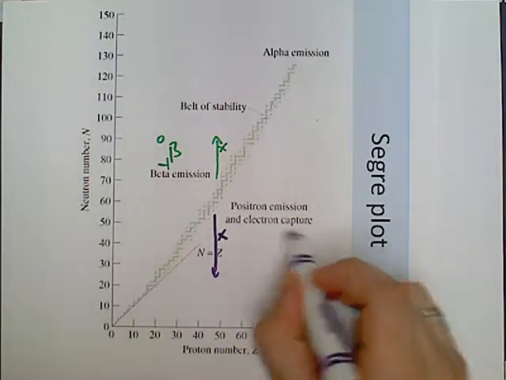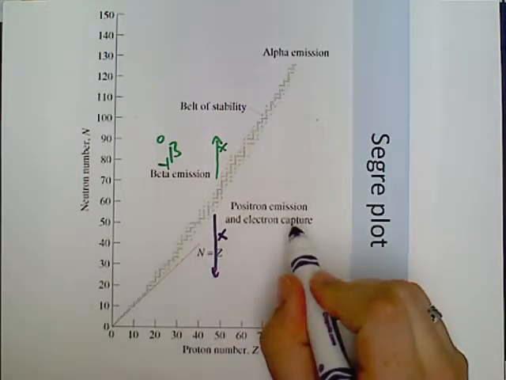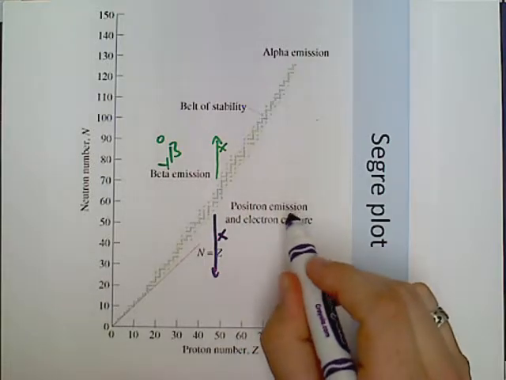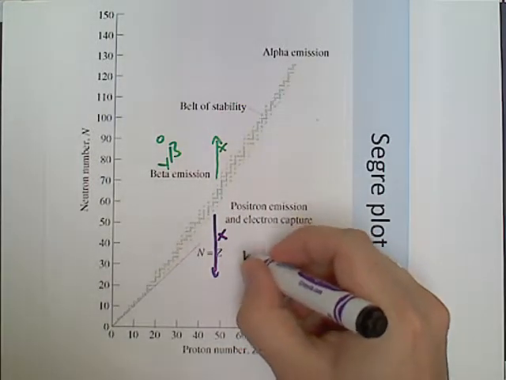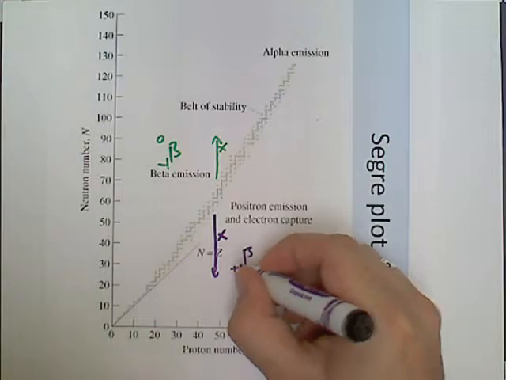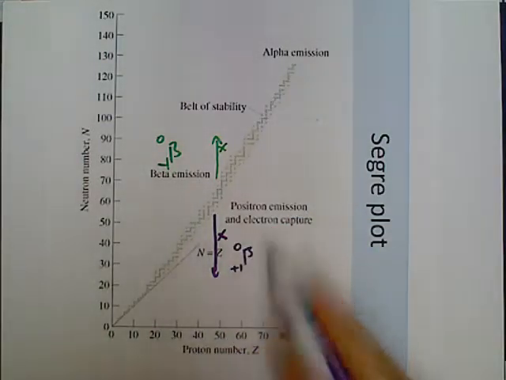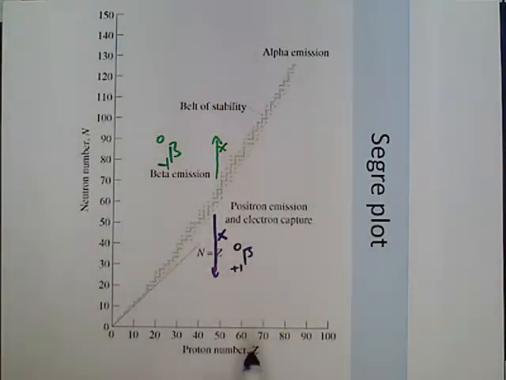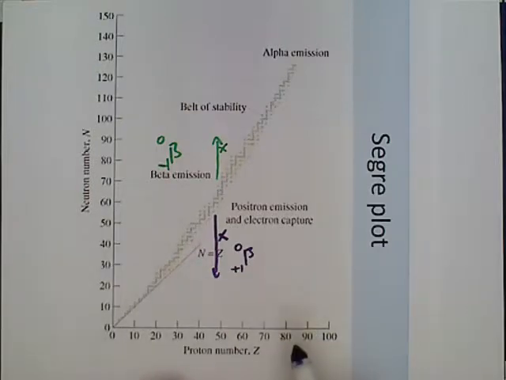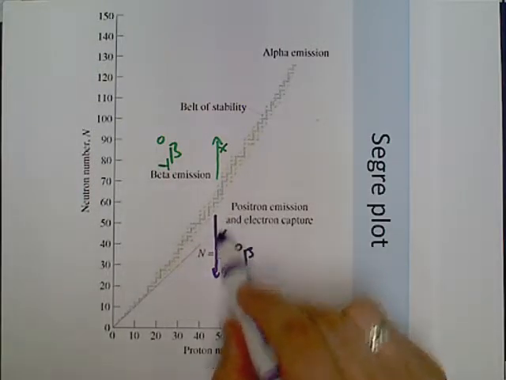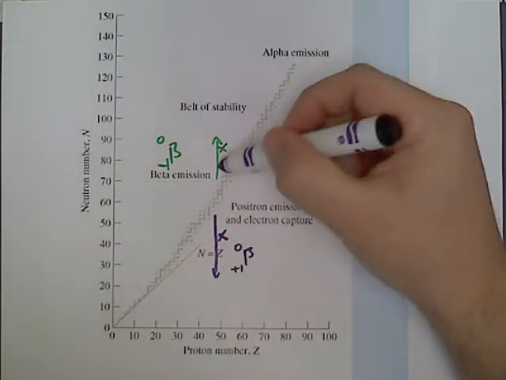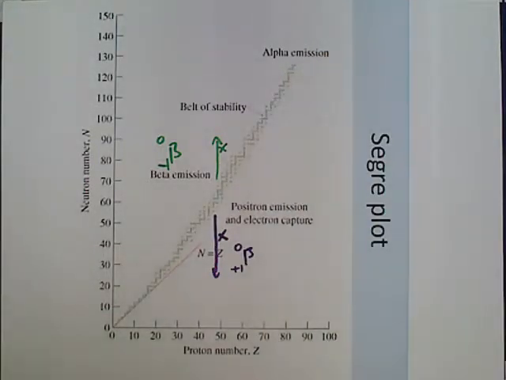Try not to worry too much about electron capture, that's just on this picture. We can talk about that in lesson. But positron emission is our beta positive radioactive particle, otherwise known as a positron, as we have here. So that's what happens when you've got too few neutrons and too many neutrons.